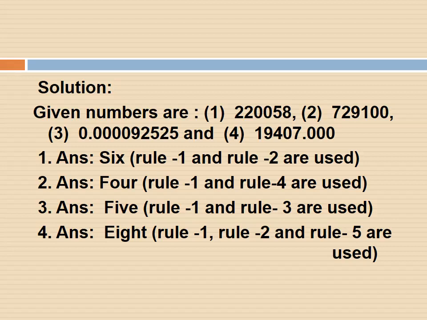Here we have used rule 1 and rule 4. Third one, answer is 5 significant digits. Here rules 1 and 3 are used. And fourth one, answer is 8 significant digits. Here we have used rule 1, rule 2 and rule 5.